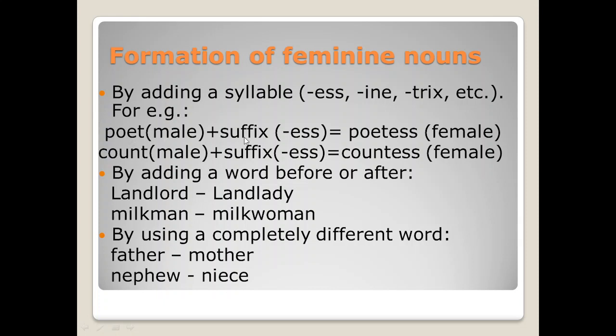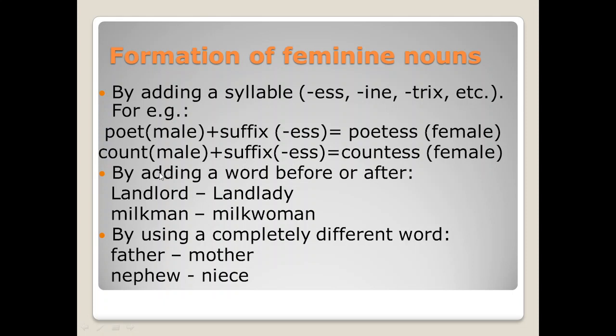And if we add the suffix -ess to it, it becomes poetess, and poetess is the female name for a poet. In the same way, count is a designation, a noble title used in kingdoms. If we add the suffix -ess to it, it becomes countess, and countess is a female count.